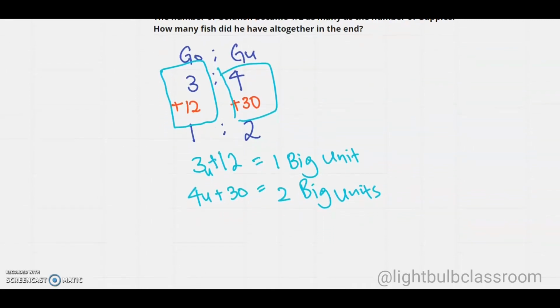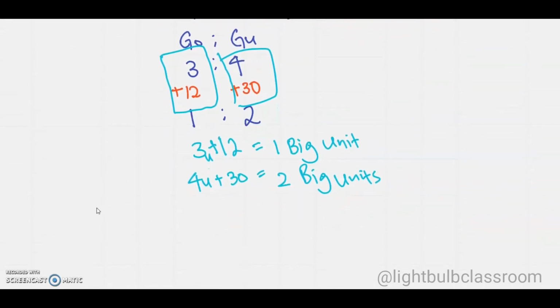Okay, so let me scroll down a bit. So if this is 1 big unit and this is 2 big units, am I right to say that if I take this and I times 2, it will give me the equivalent of this, correct? So now we can form an equation itself, okay?